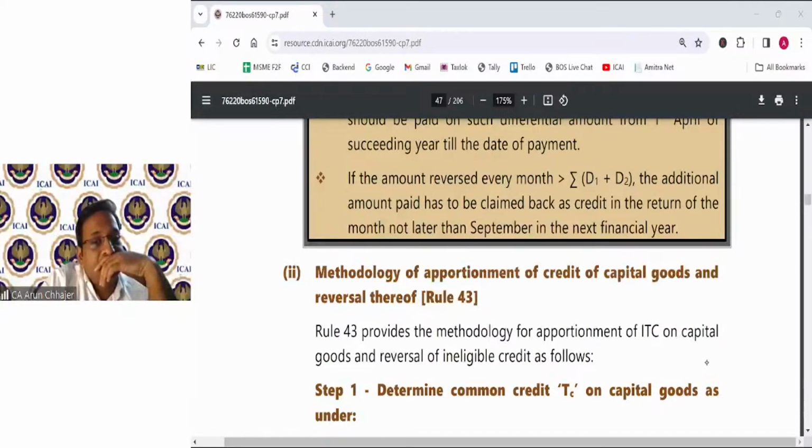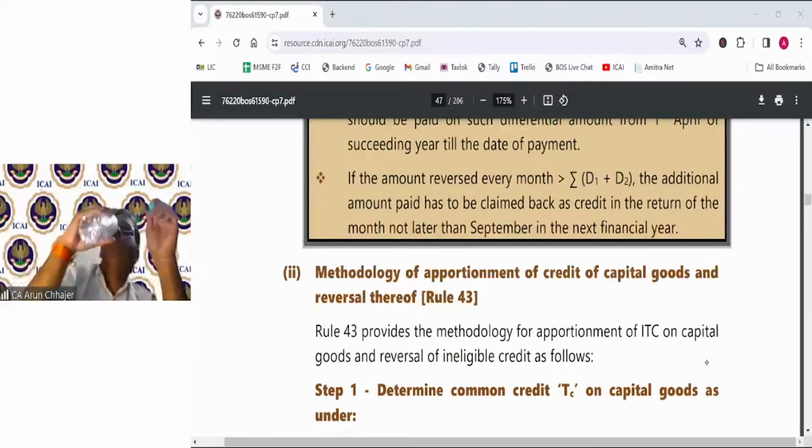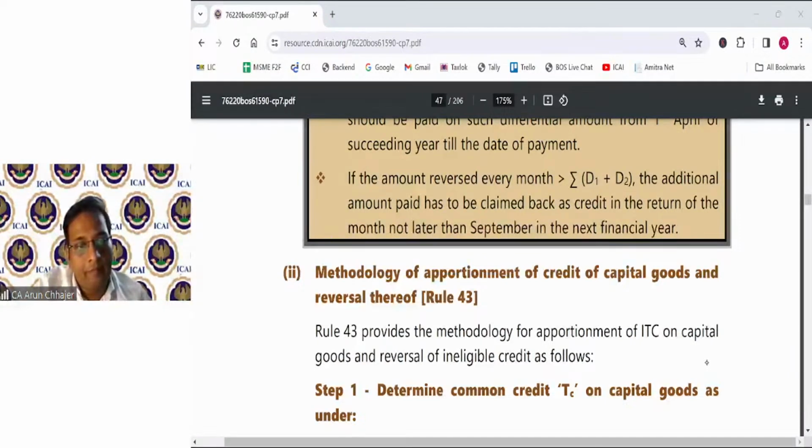Because I am using the ITC for two purposes, business and non-business as per 17 subsection 1, or I am having the taxable as well as exempt supply.